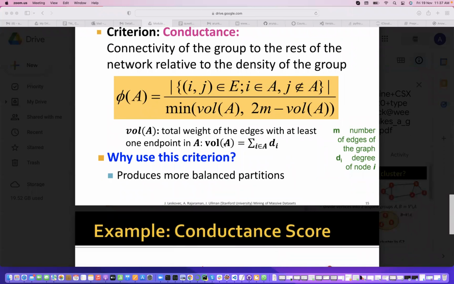So volume of A is the total weight of the edges with at least one endpoint. You need to take all the edges, and instead of d_i they're asking you to just compute the weights. But it's okay. In an unweighted graph, it is simply the degree of each node. So sigma i belongs to A of d_i. Some may be inside edges, some may be outside edges also.